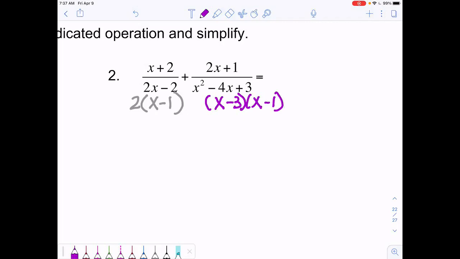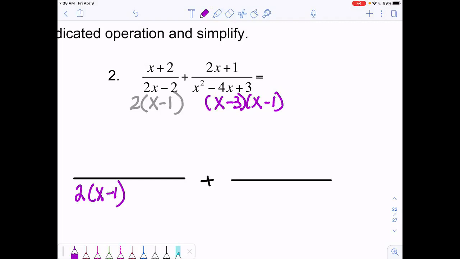To get the least common denominator, we're then going to look at the denominators of our fractions. Start with the left. The left has the number 2. There aren't any other numbers, just the number 2, the coefficient, and then it has an x minus 1. And then look at the right side.